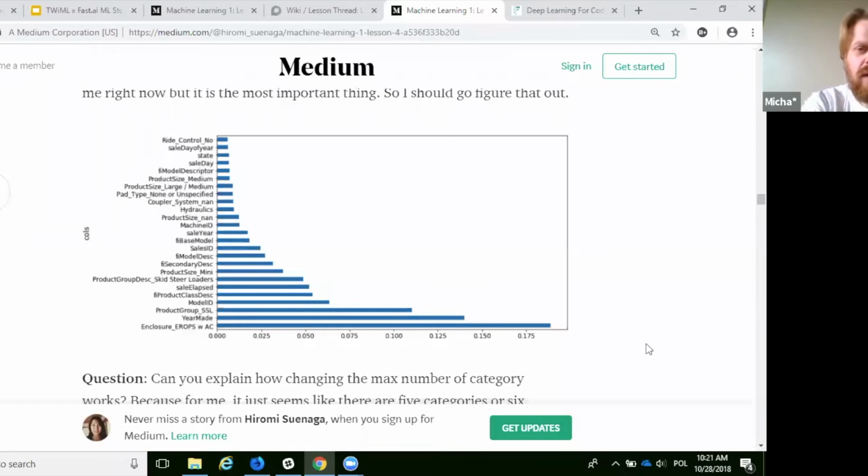Of course, maybe you don't want to do that for every categorical variable, but in this case, he did that for enclosure and was able to find out which type of enclosure has the highest effect on the sale price.